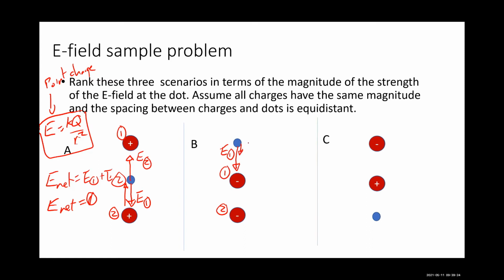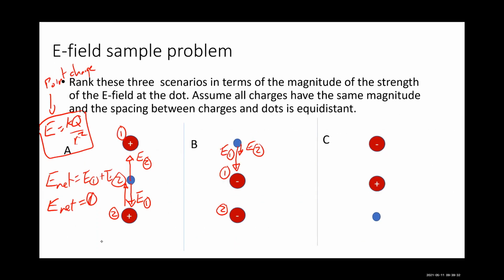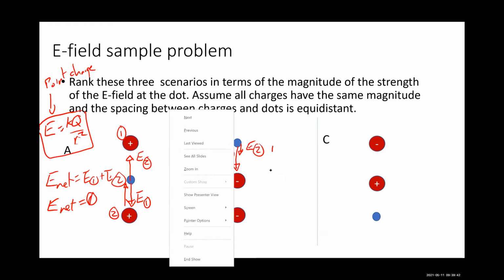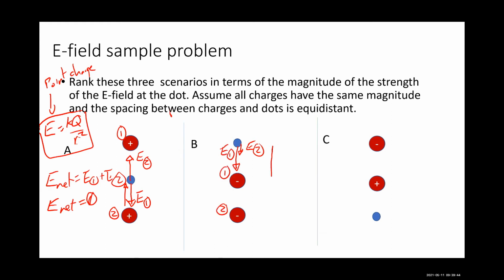So I might draw something like this for E2. When I add these together, this is really touchy. Sorry about this, folks. When I add these together, I get a net electric field that looks something like this, okay? Again, I'm adding them tip to tail. So it's a bigger vector than either one individually, and it's down.